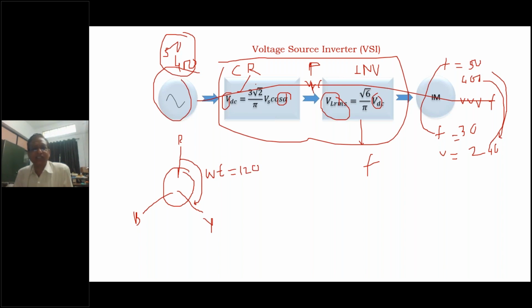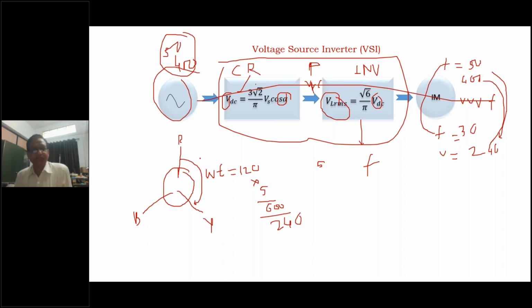I am considering this example. Now when there is a fifth harmonic, multiply by 5. So for the fifth harmonic, the same displacement is 600 degrees. 600 degrees minus 360 comes to 240 degrees.